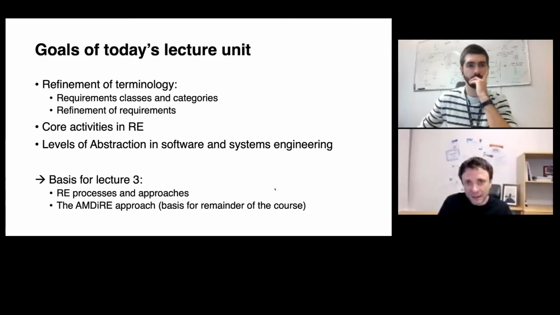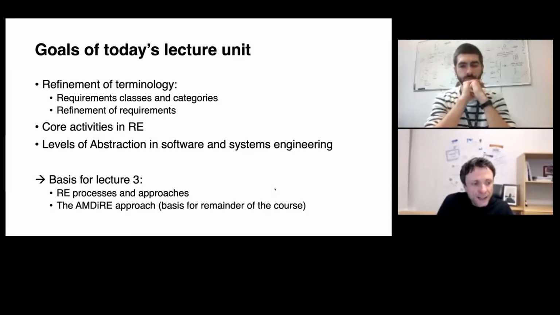And this shall, as I said, conclude the fundamentals and lay the foundation for the third lecture, where we will be discussing requirements engineering in context of software processes, and lay the foundation for the MDIA approach, which we will be using along the remainder of the course.